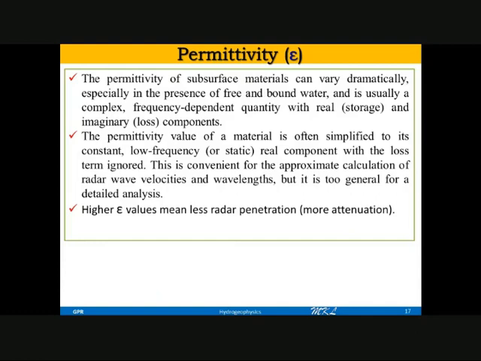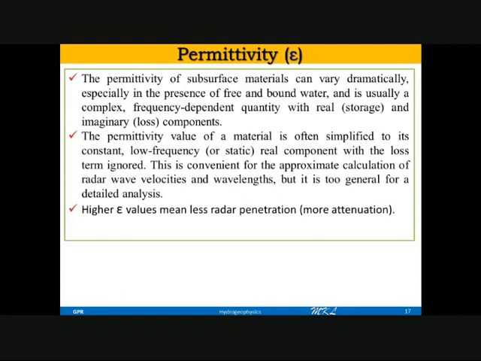So the dielectric constant of wet sand will be higher compared to dry sand, because wet sand has water, and water has the highest dielectric constant value, which plays an important role in the variation of dielectric properties in the subsurface. Generally we are mapping the underground layers mostly due to the water or moisture content.